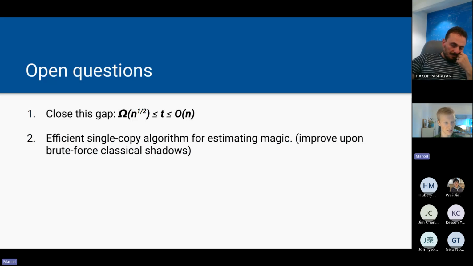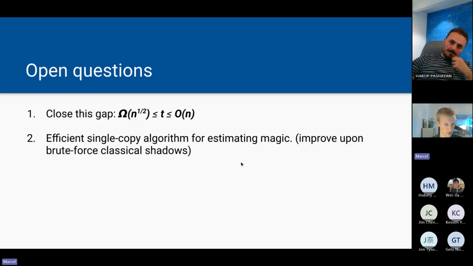What you would really like is some way of estimating the amount of magic, really quantifying, not only deciding if it's zero or not. And because of this problem that I talked about earlier, about this number not really corresponding nicely to the amount of magic, our algorithm is currently not capable of producing such an estimate.